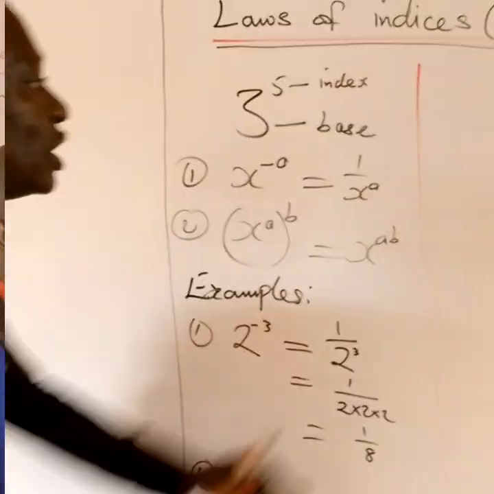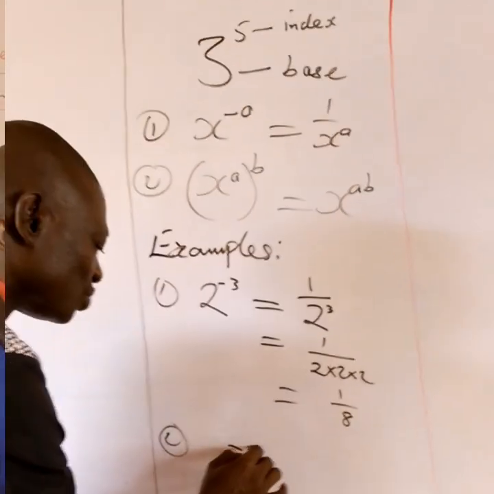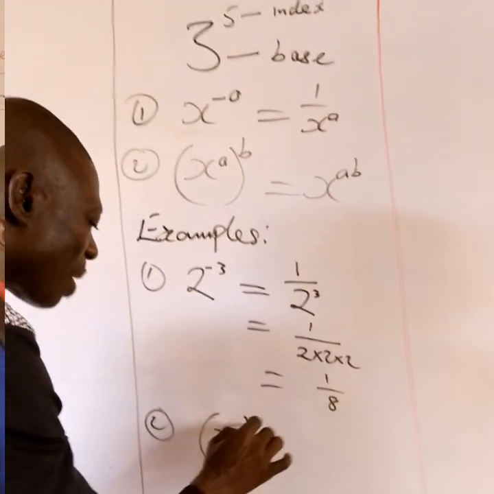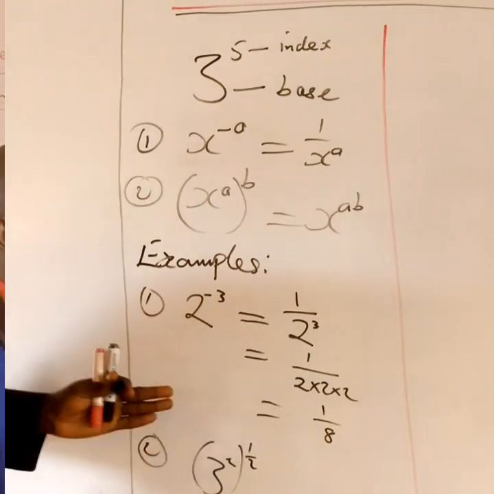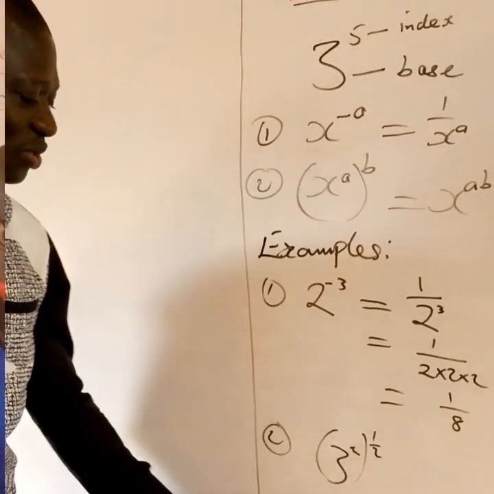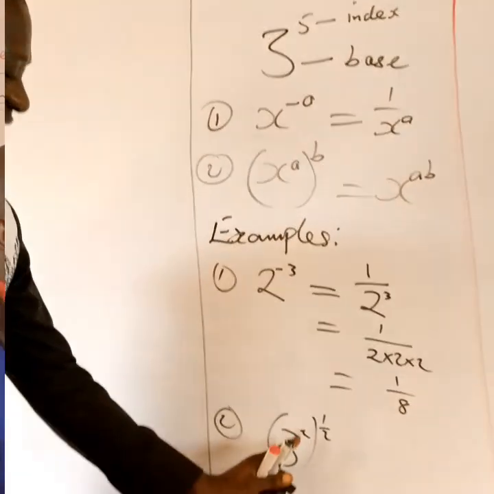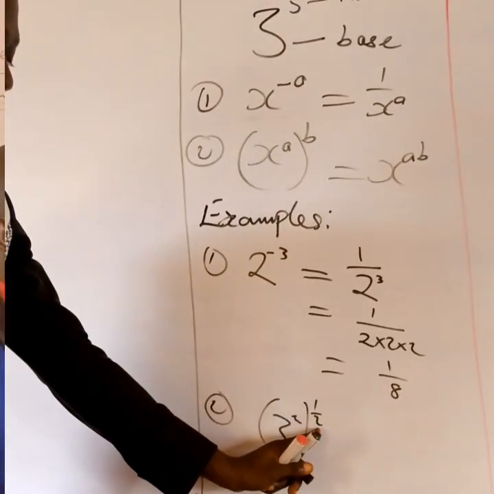Number 2. The question here is 3 raised to power 2, all raised to power half. This question is following law number 2. The law says you can multiply a and b. That means a here is 2, b here is half.